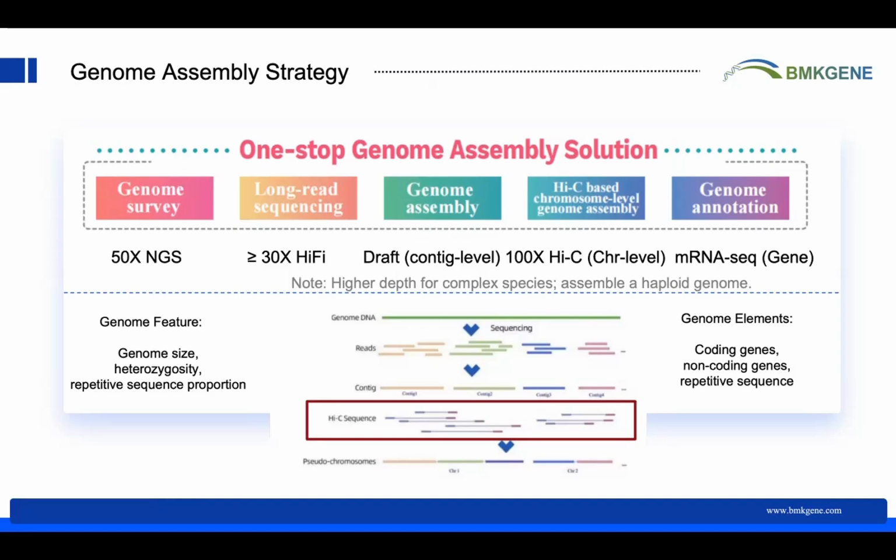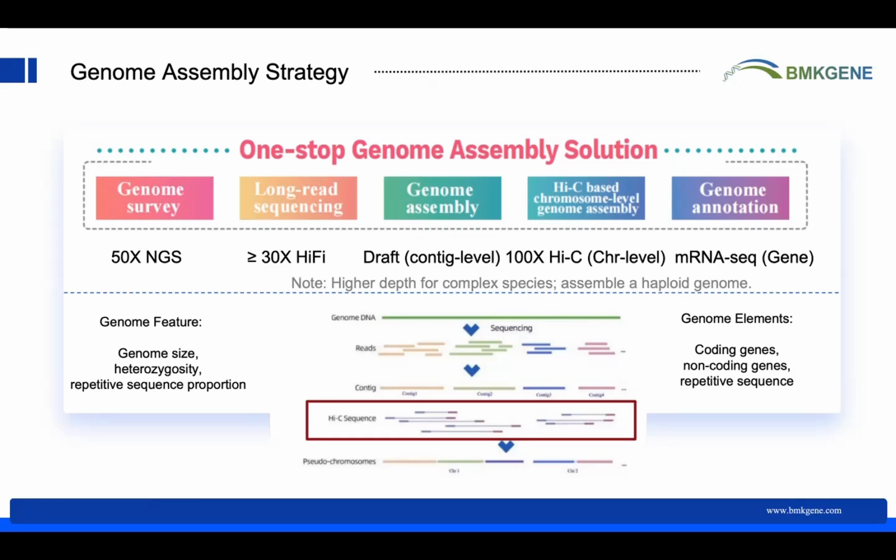From the genome DNA, we do the fragmentation, library preparation, and sequencing. We get the read sequences. Then from the reads, we use some algorithm like overlap or DBG methods to do the assembly.